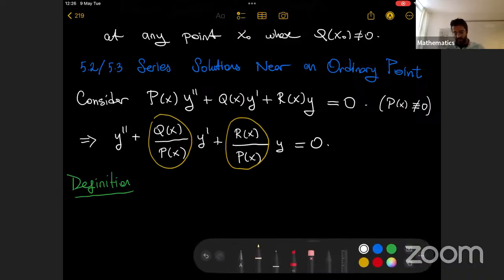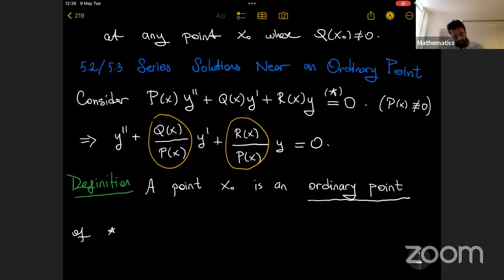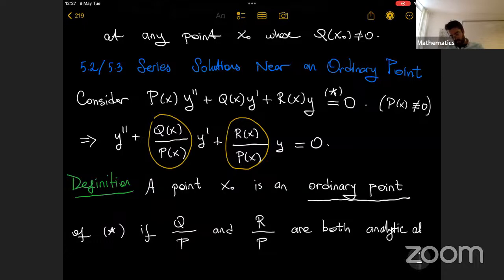So a point x naught is an ordinary point of, let's say here, star, if Q over P and R over P, these are functions now, are both analytic at x naught.